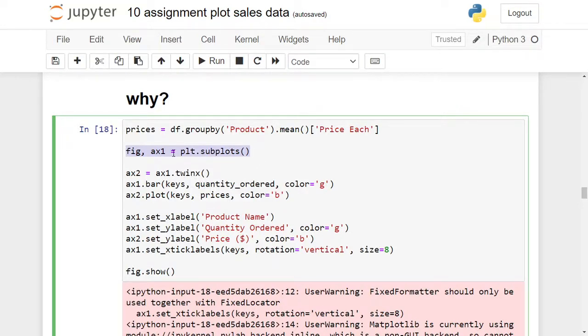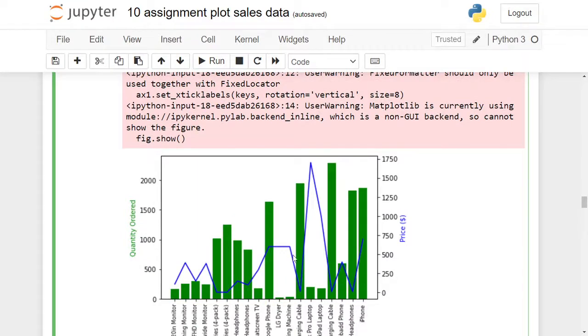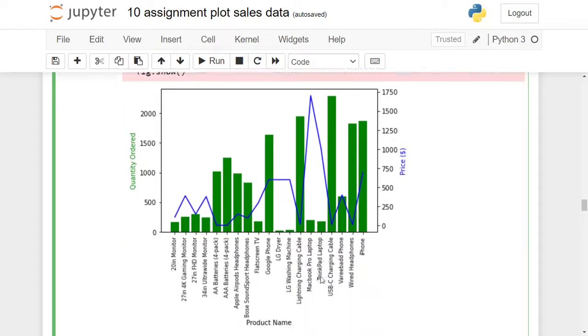So axis 1 has the figure for the prices, and the second one is going to be the quantity. So we're going to get the quantity ordered as the axis. So we have the quantity ordered already, and we have the prices. If you plot them together, you're going to see that the main difference is because of the price.